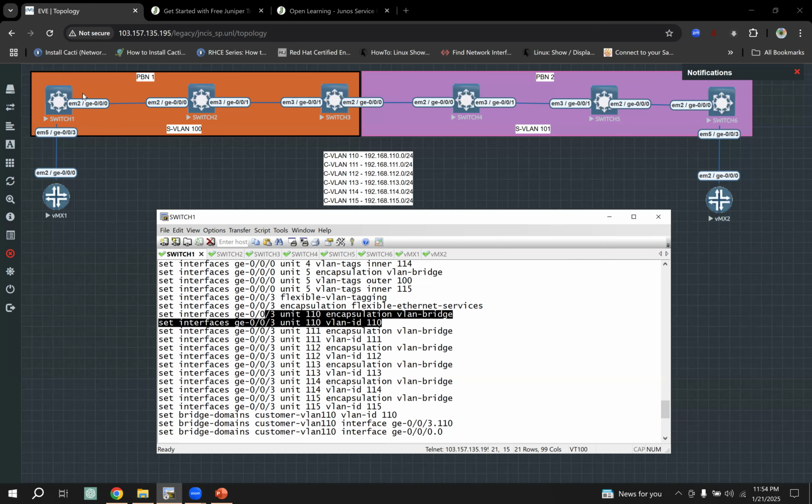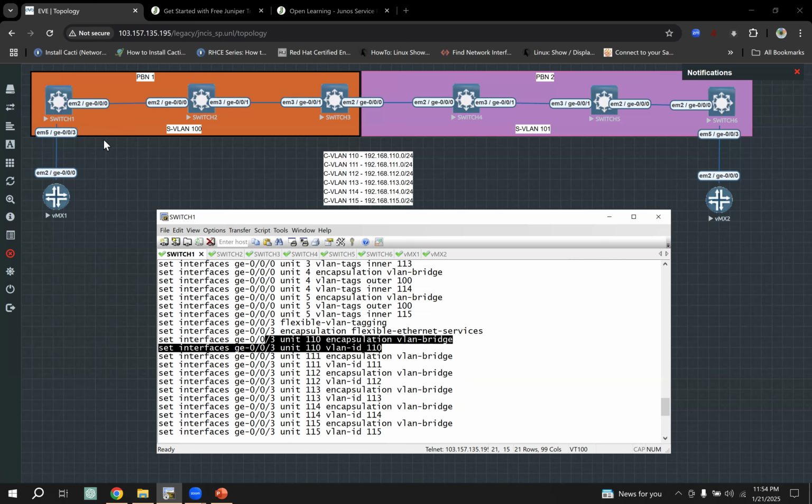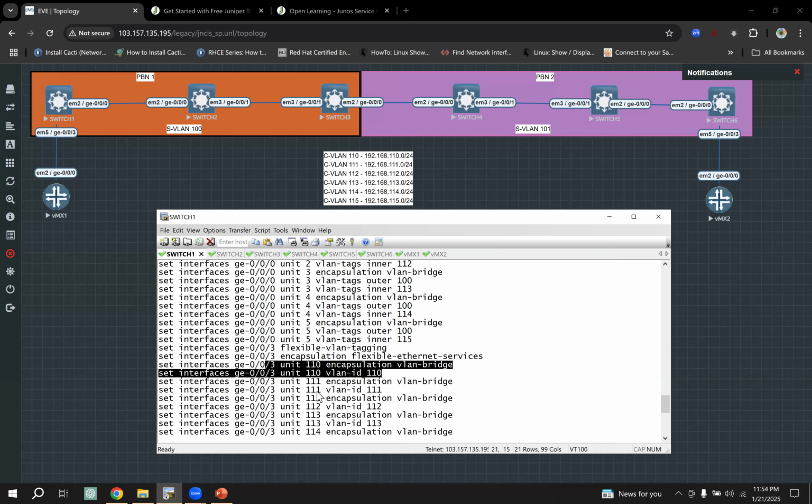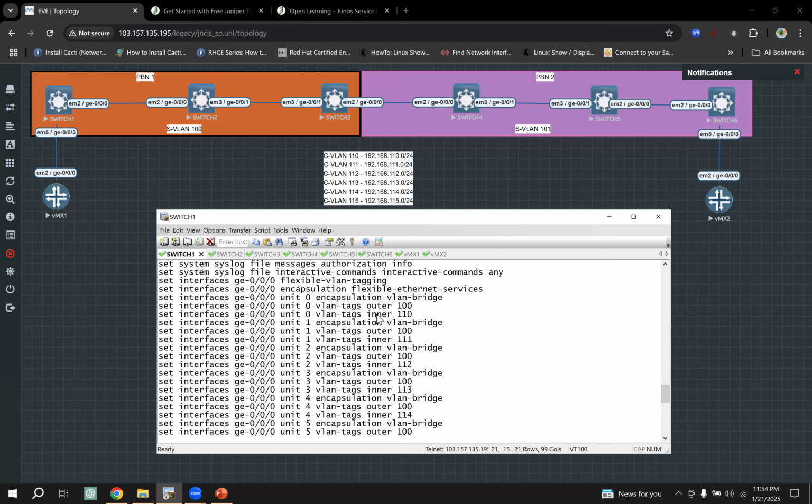And this interface is the service provider backbone interface that is connected with another switch, switch 2. So when receiving this frame on G0/0/0, it takes VLAN ID 110 as the inner VLAN. The outer VLAN will be 100. As said, the outer VLAN ID is 100.